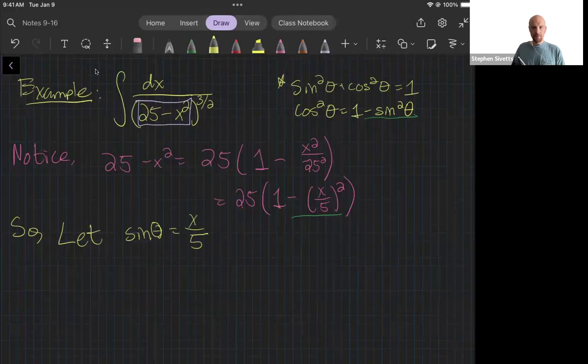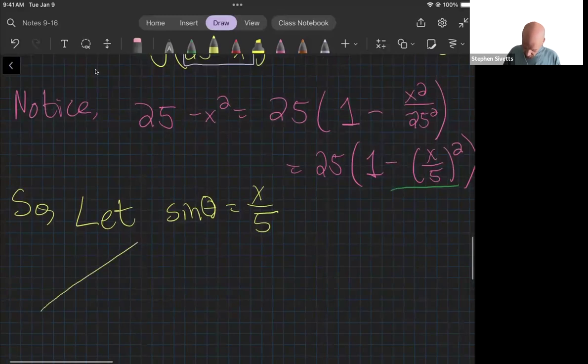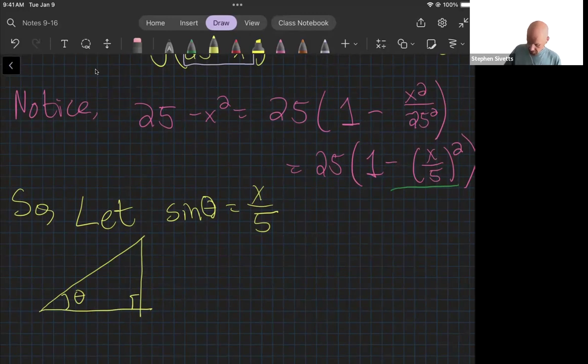So sine of theta will incorporate a right triangle with that relationship, with angle theta. And sine of theta is the opposite side over the hypotenuse, so it's x over 5.